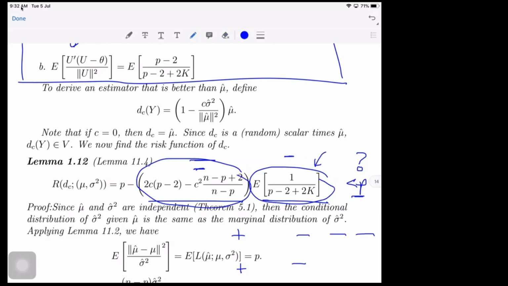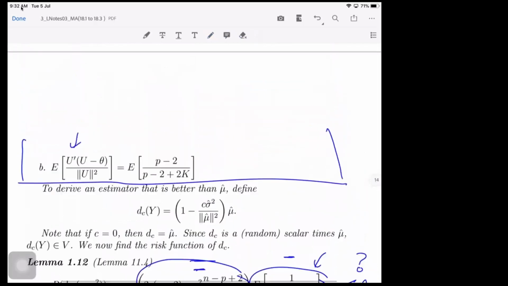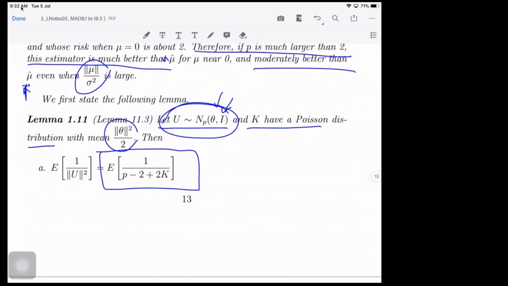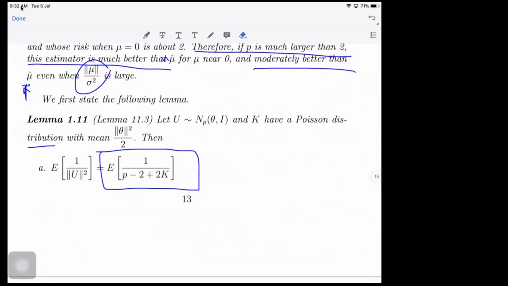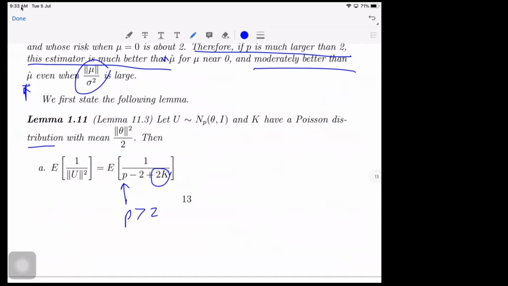Since this is a function of a K which is Poisson distributed, what will be the range of a Poisson distribution? If you look at the previous lemma here, you have a K which is Poisson distributed, and P is assumed to be greater than 2.